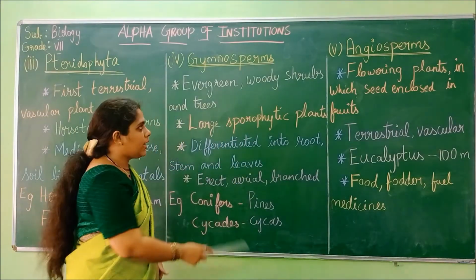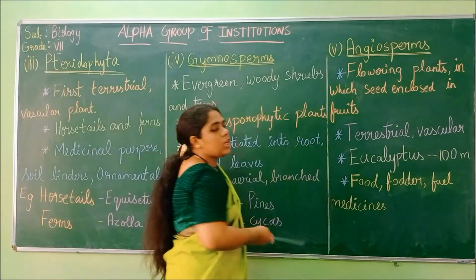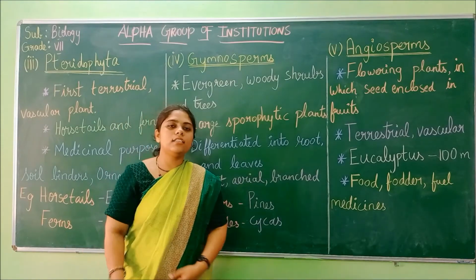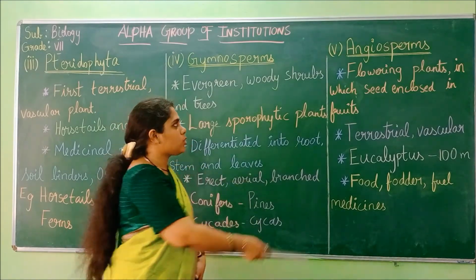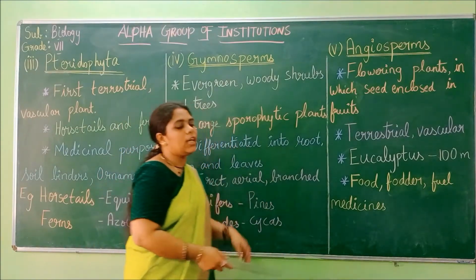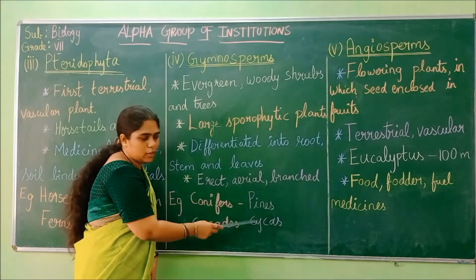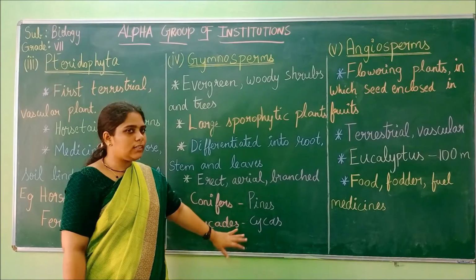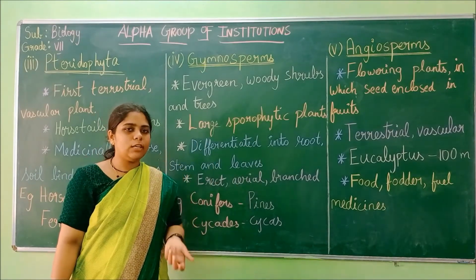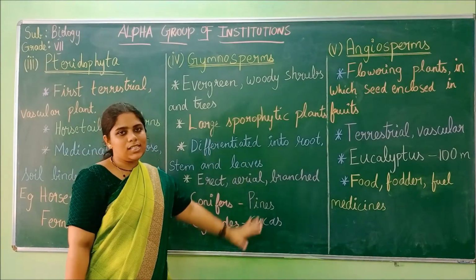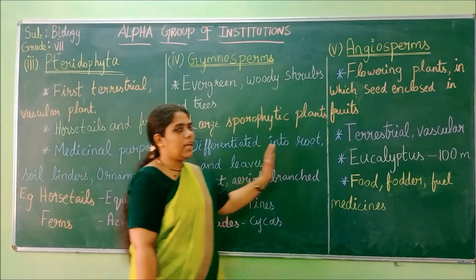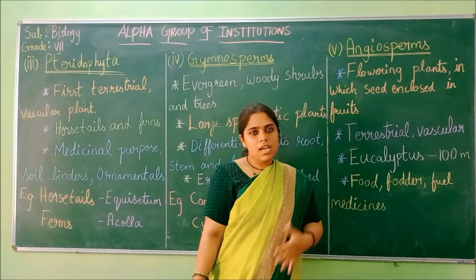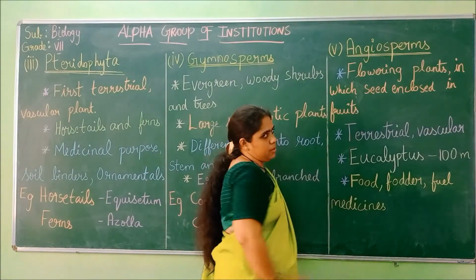But in angiosperms, you will have flowering plants, the plants that give fruits; everything comes under angiosperms only. In gymnosperms, for example pines and all, we do not have any fruits. Only the branch will be present, the seed will be produced, but no flowers and fruits are produced. But in angiosperms, the fruits that we eat, the flowers that we get, everything comes under angiosperms only.